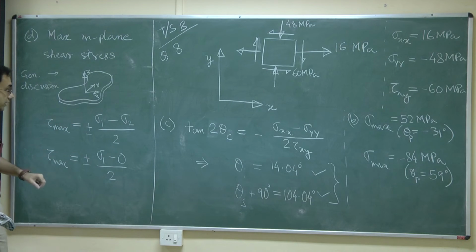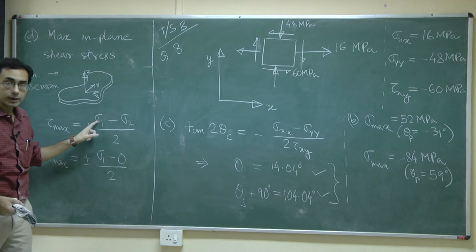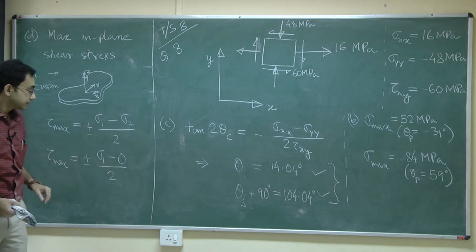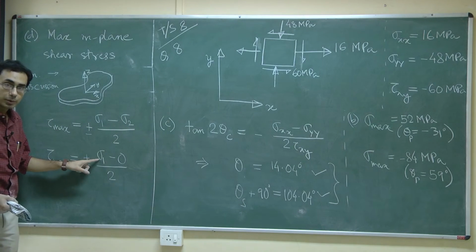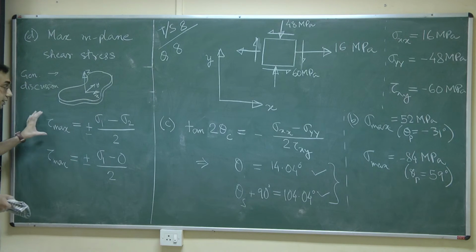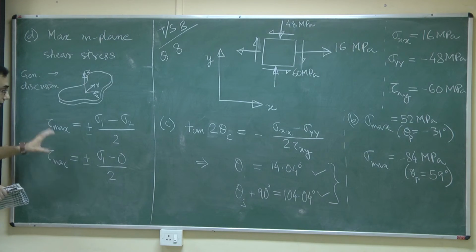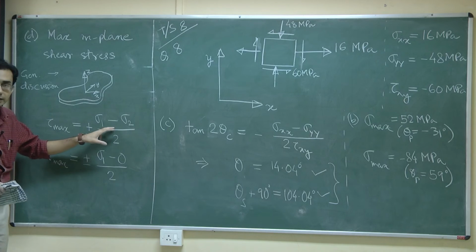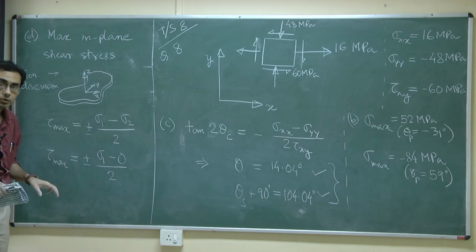Now, suppose both sigma 1 and sigma 2 are positive. Here also sigma 1 will be positive consistently, which means that in the plane stress case where sigma 1 and sigma 2 are positive, the value that you are obtaining for the so-called maximum shear stress is not really the maximum shear stress, because this thing is certainly greater than this thing when sigma 1 and sigma 2 are positive.